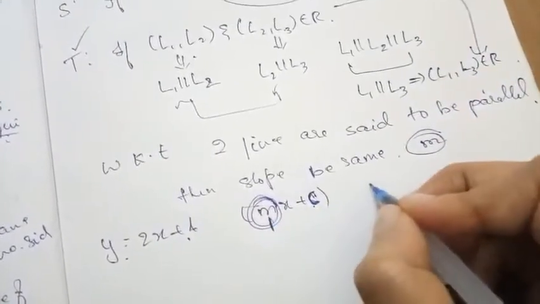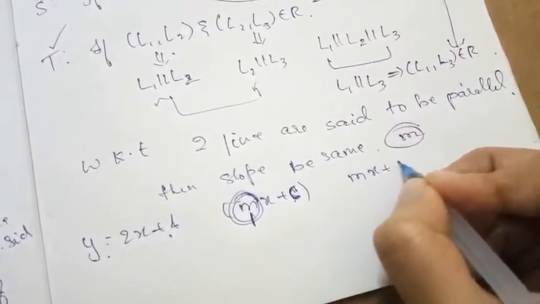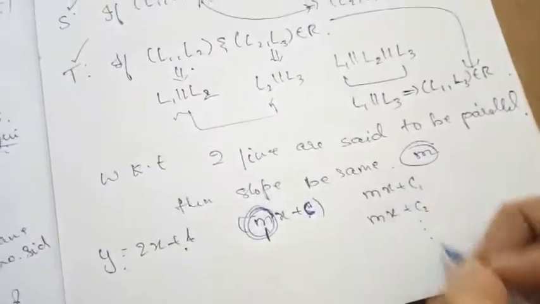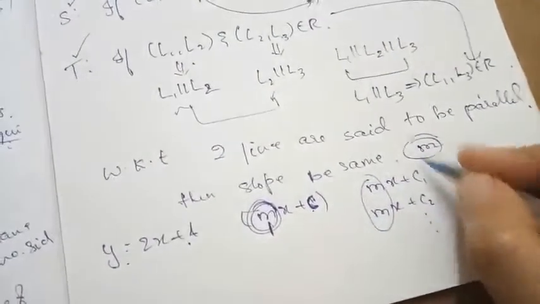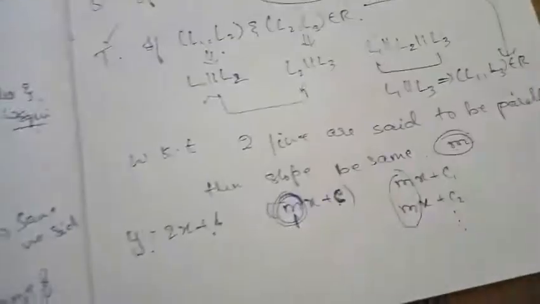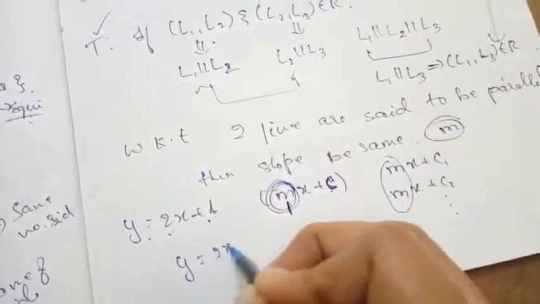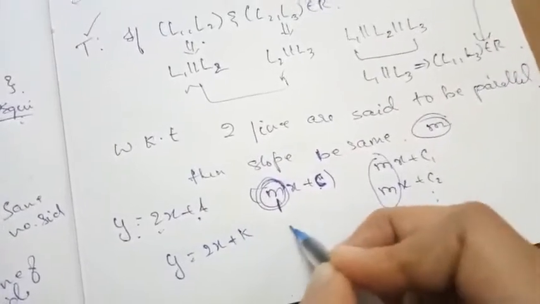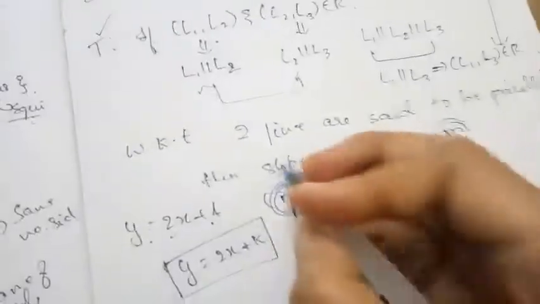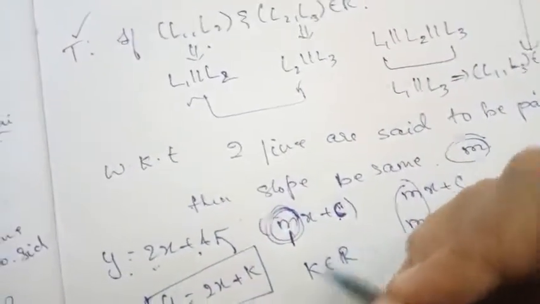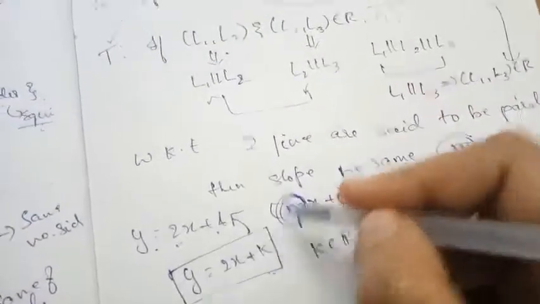So mx plus c1, mx plus c2, and so on are all parallel to each other because they have the same slope, but the intercept keeps changing. So all lines parallel to this line are y equals 2x plus k, where k belongs to the real numbers. So this is what they have asked.